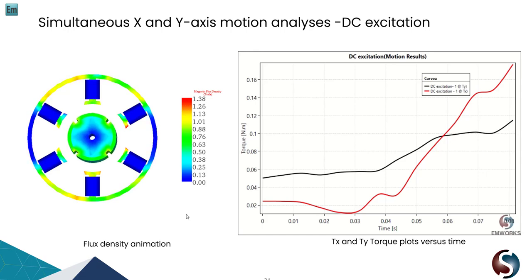So this is the ultimate result that we want to show you today. By exciting x coils and y coils, you are able to achieve this sophisticated 2D motion, as you can see, and the torque as well. So this is torque, and of course, it's a transient solution.